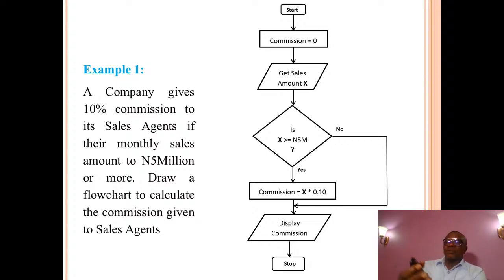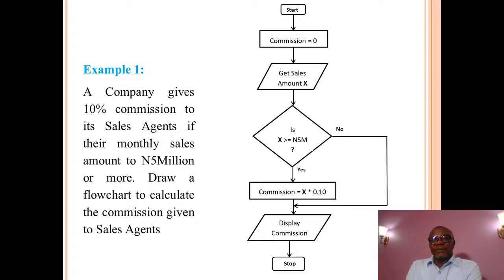So what you do is to start the program, you initialize the commission to be 0. It's a process, so you use the rectangular symbol for process.